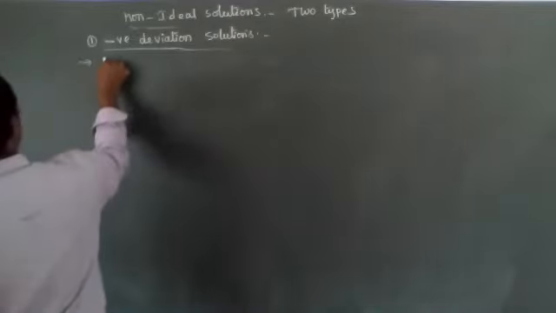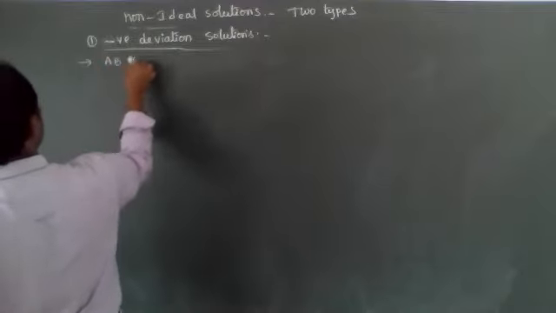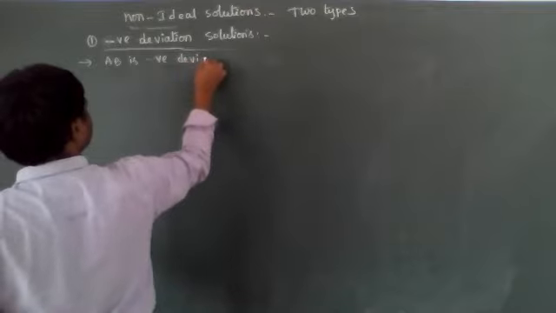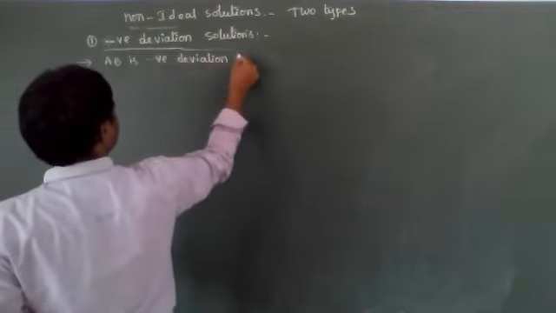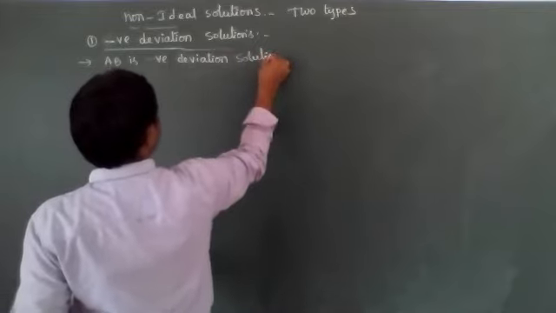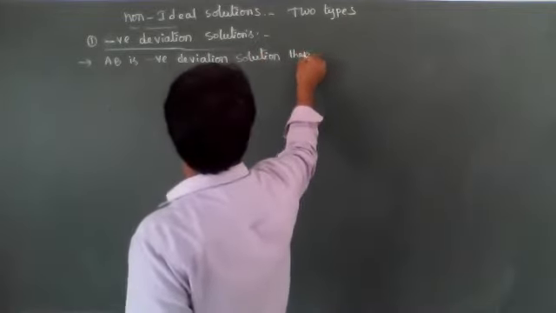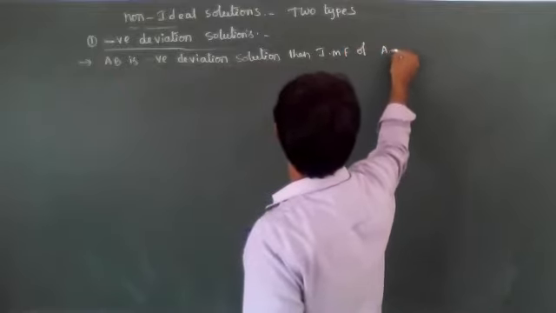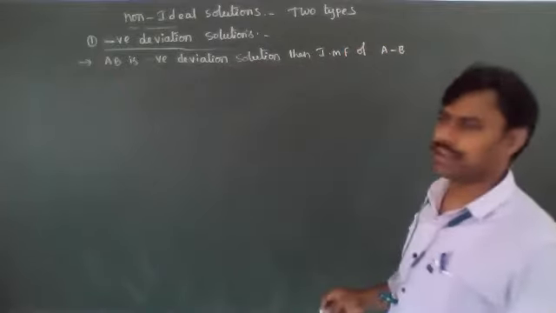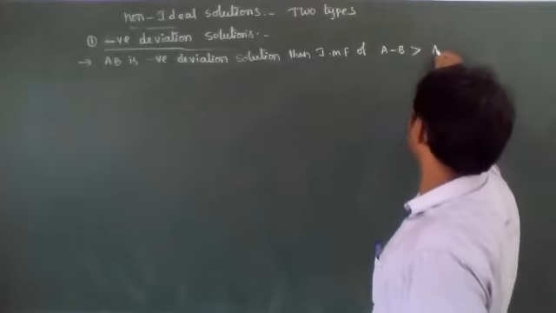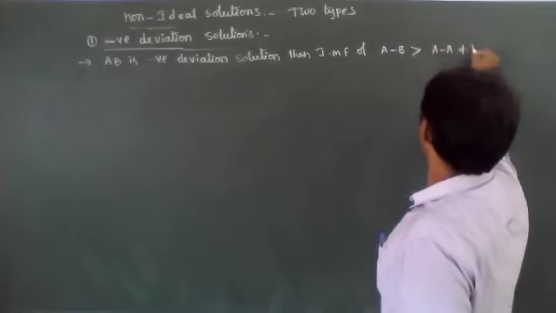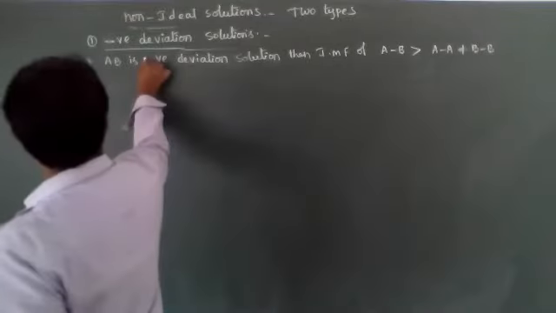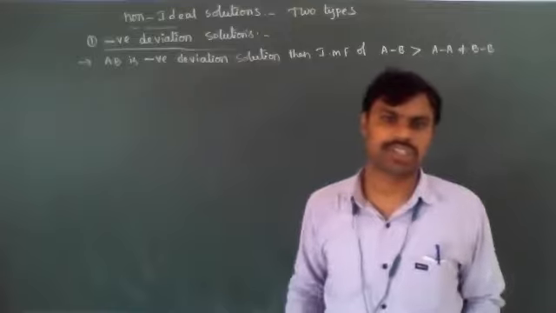For example, if AB is a negative deviation solution, then the AB intermolecular forces are more than the AA and BB forces. Such solutions form negative deviation solutions.